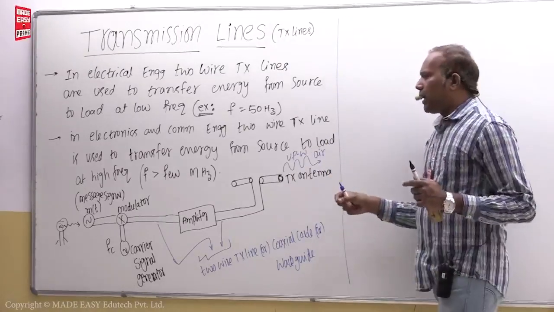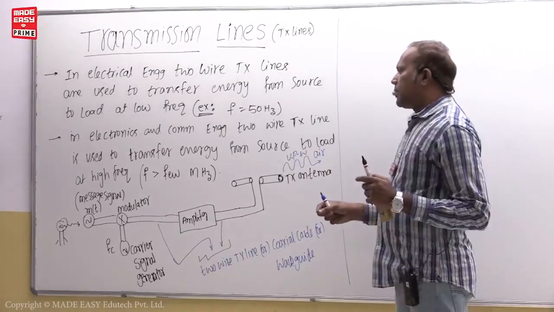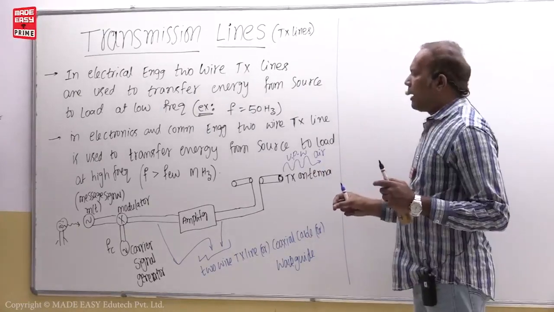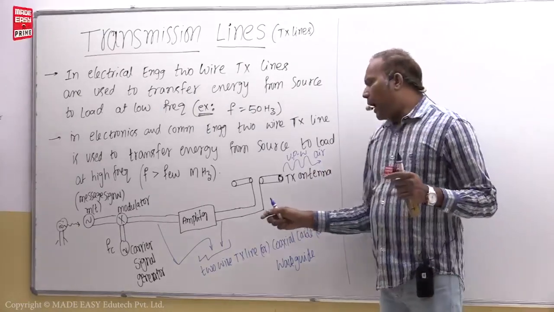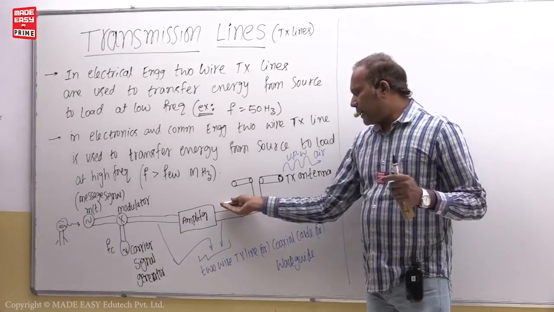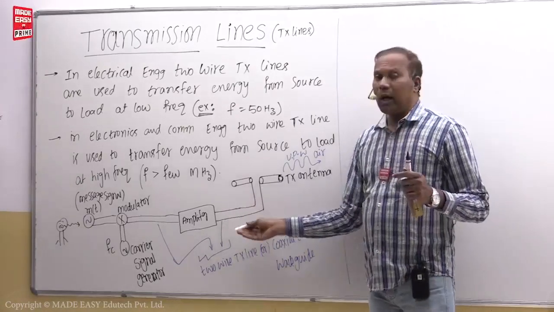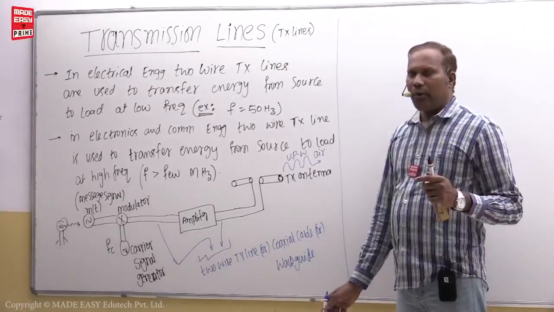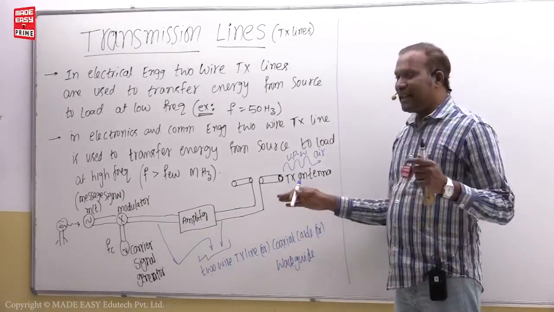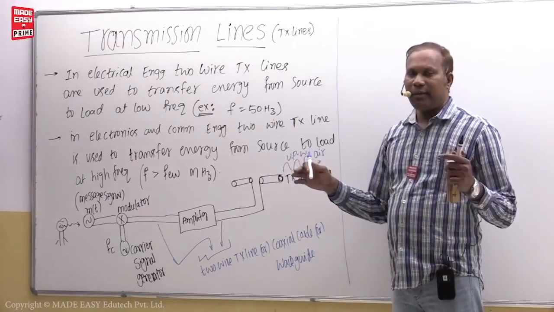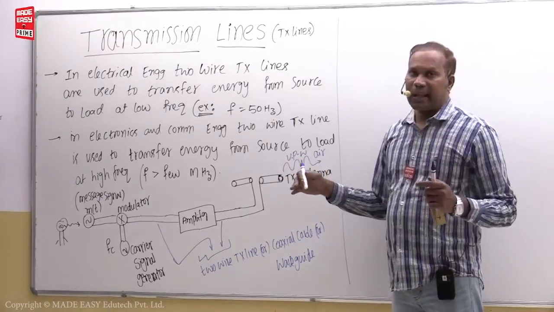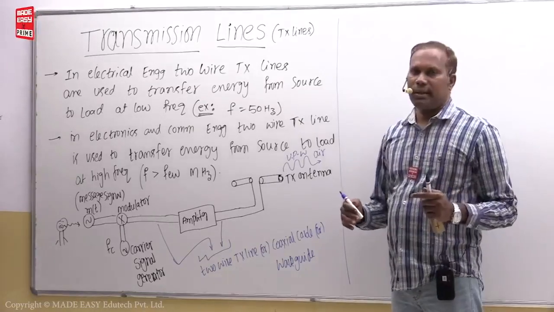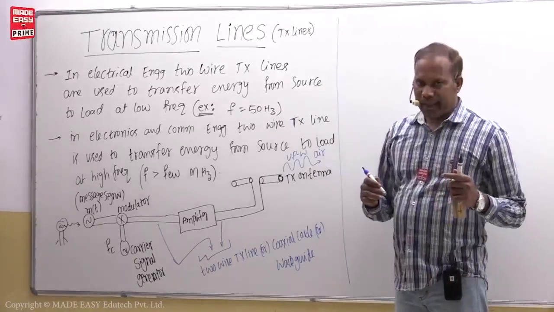I have drawn this diagram. Now I will explain how this first conductor, or the second conductor, behaves whenever high frequency current or high frequency voltage is transferred through that conductor. And from that we are going to discuss transmission line parameters.